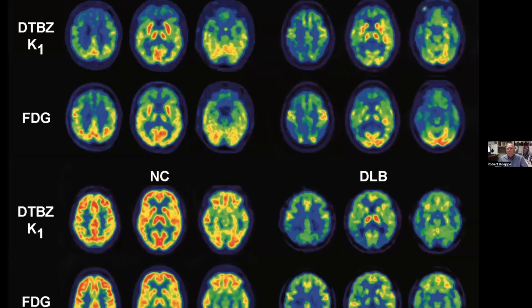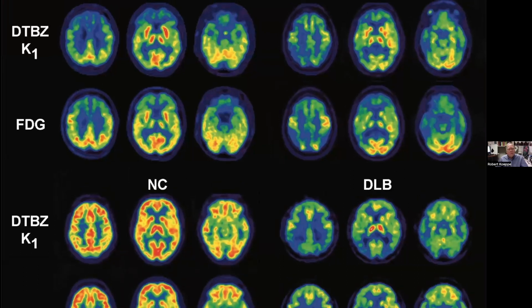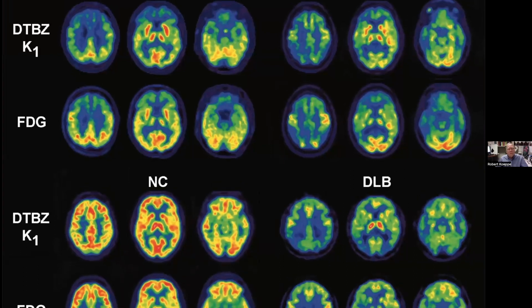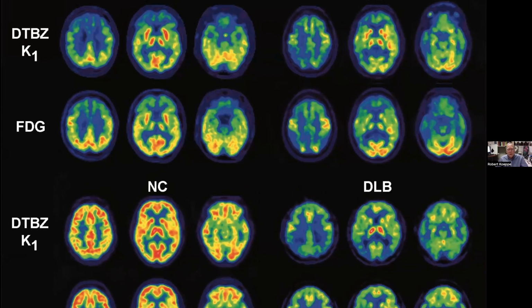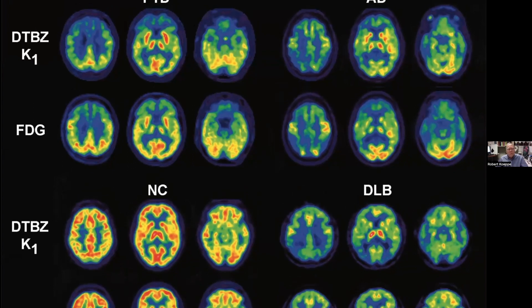The other thing, we've also looked at the K1 measures, and I think I can share screen just to show one slide. This is a different tracer, not an amyloid tracer. It's dihydrotetrabenazine, but just to show how similar the K1 measure is for many, many tracers to the glucose metabolism, which of course a lot of people do.